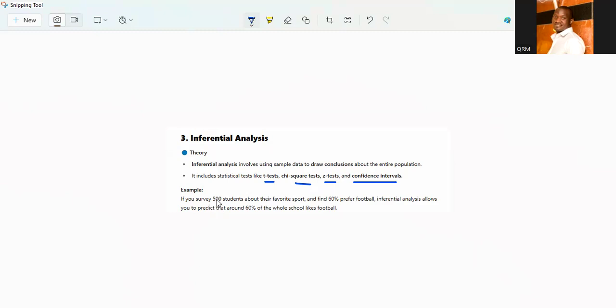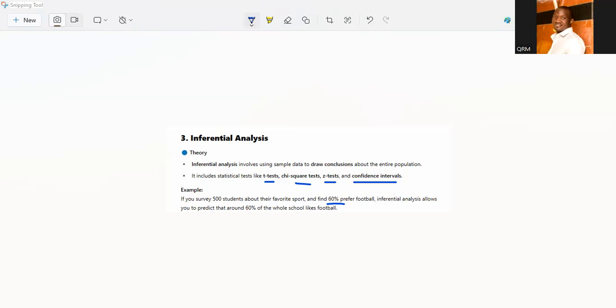So if you have a survey of, say, 500 students talking about their favorite sport, and you see that 60% prefer football, according to inferential statistics, we can say that the majority love football. That's what we had discussed.